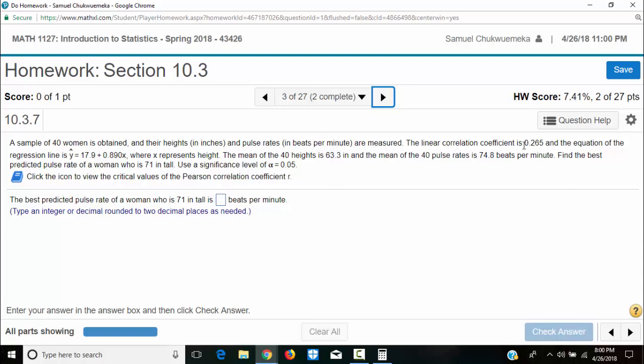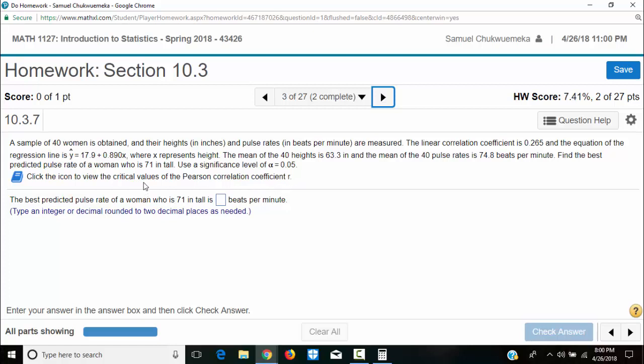So we have this linear correlation coefficient, 0.265. The absolute value of 0.265 is still 0.265. Now, the sample size is 40. We're going to check the critical value of the correlation coefficient. Actually, this is the Pearson correlation coefficient.